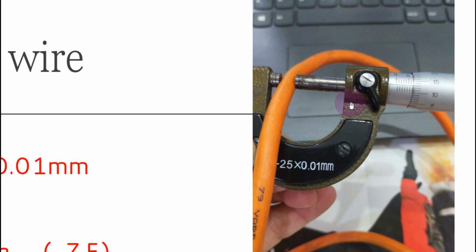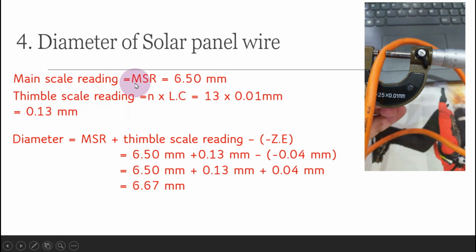So now put the values in the formula. The main scale reading is 6.5, thimble scale is 13 into 0.01, so we get 0.13. Put it in this formula. The diameter of the solar panel wire is main scale 6.5 millimeter, thimble scale 0.13, minus zero error, which was negative in our case, that is minus 0.04, minus minus plus, so adding all these we get 6.67 millimeter.